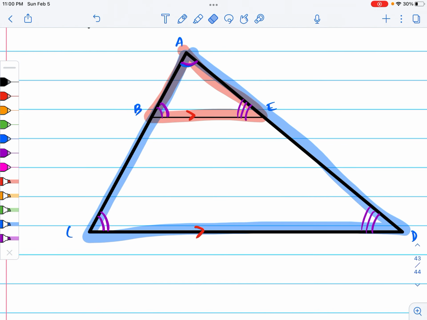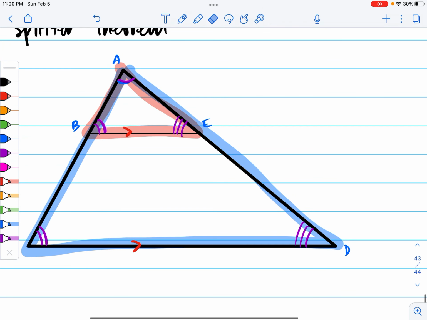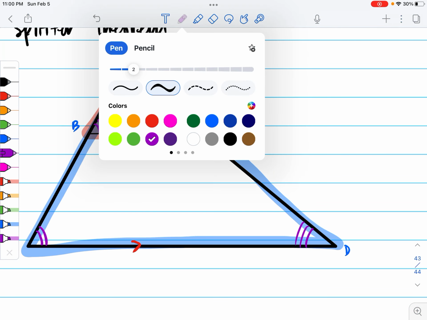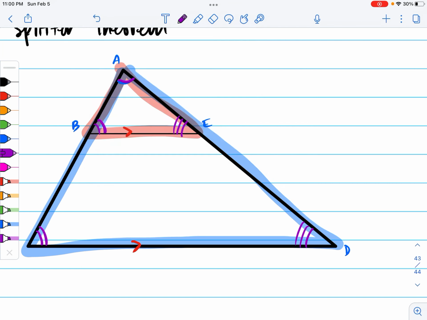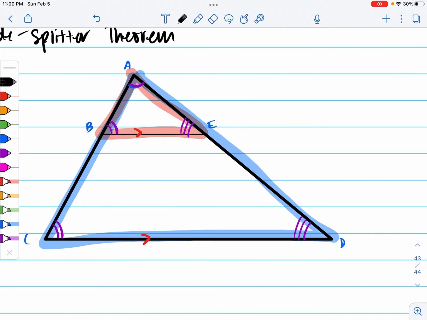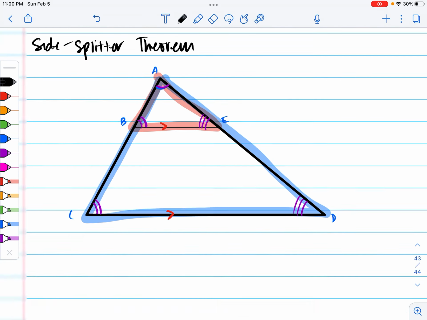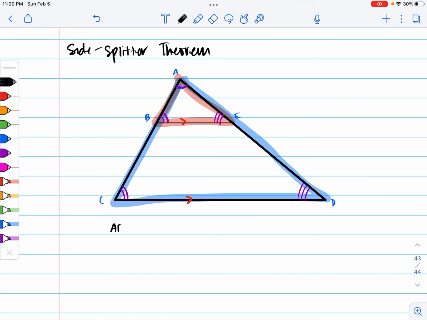When this happens, you have proportional parts. In this particular case, we could state AB will be proportional to AC.